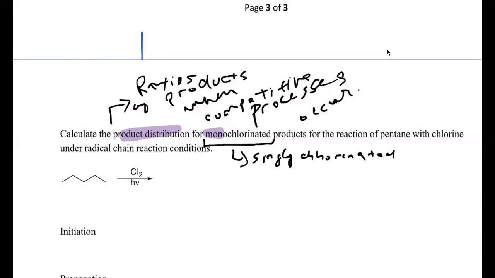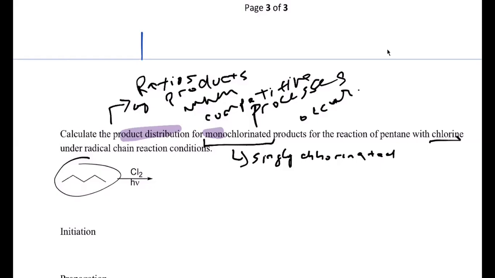So pentane is my starting material, and I'm reacting it with chlorine. And then it says under radical chain reaction conditions, so this is an example of what we call a radical substitution. The reason it's called a radical chain reaction is because once you start that propagation part, it's hard to stop it. Radical reactions are not the preferred method for substitution because they're very difficult to control and you get a lot of different products.